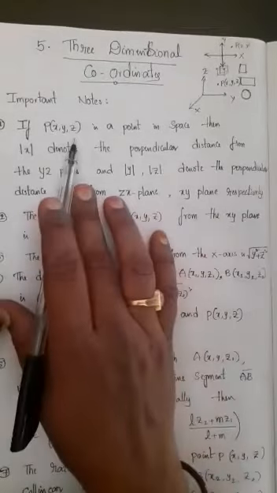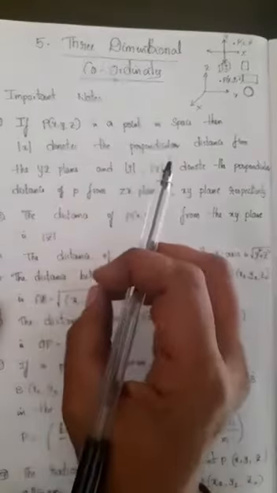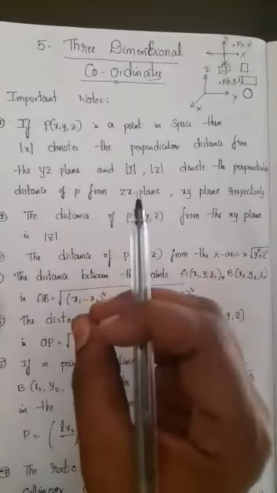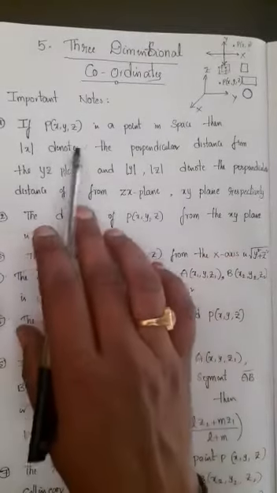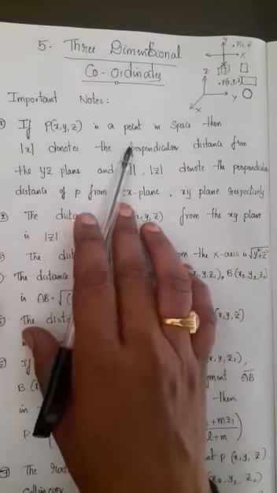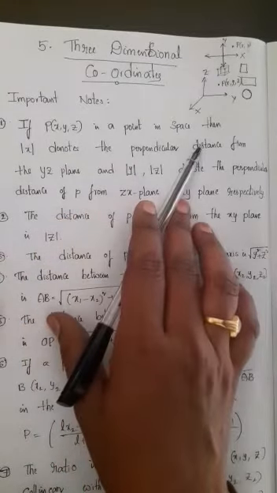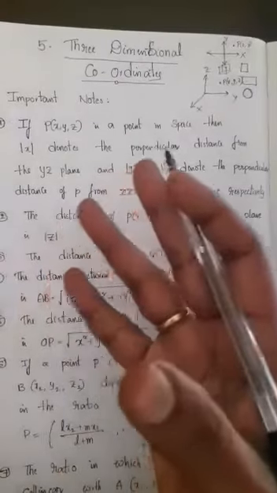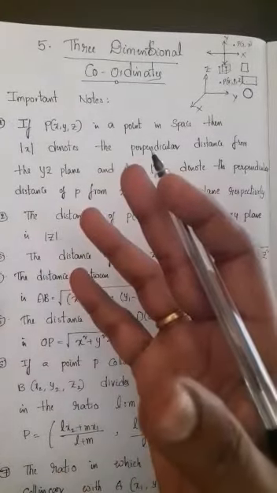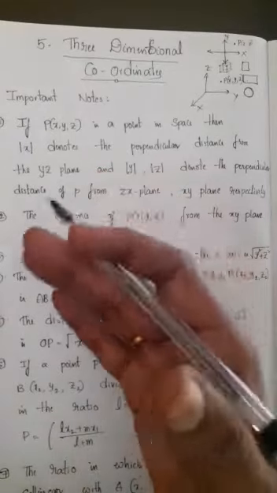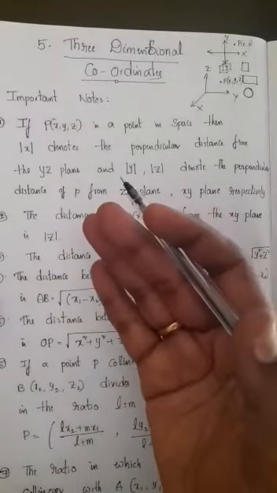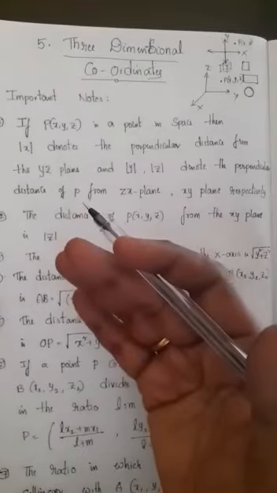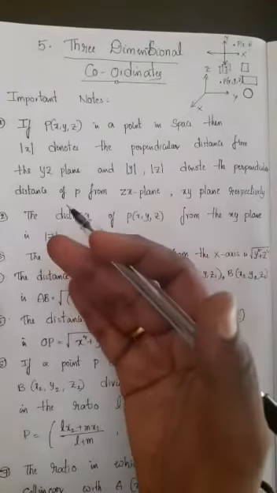Now let us see some important points from this unit. If P of x comma y comma z is a point in space, every point has 3 coordinates here, x coordinate, y coordinate and z coordinate. A plane is a flat surface, it is 2-dimensional, whereas space is 3-dimensional.